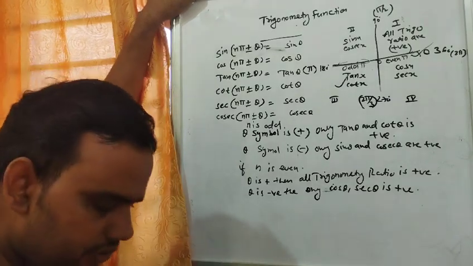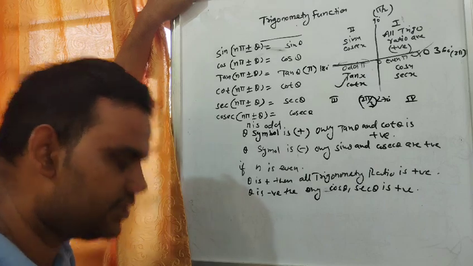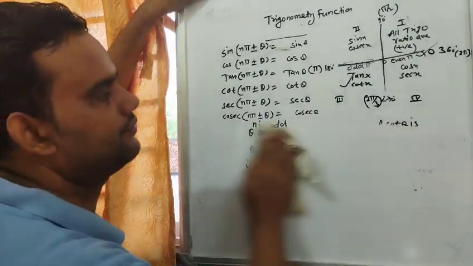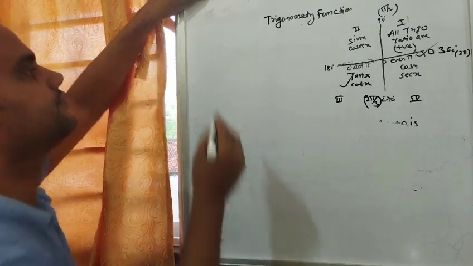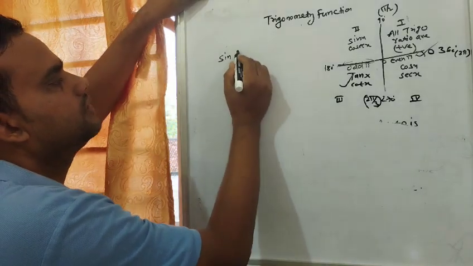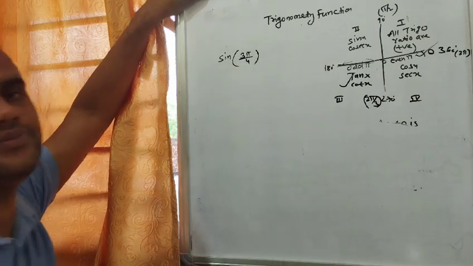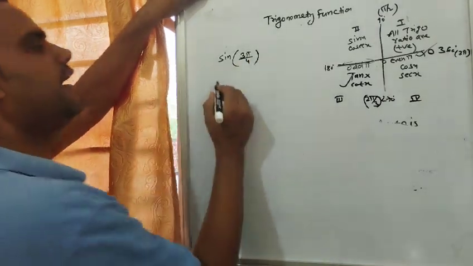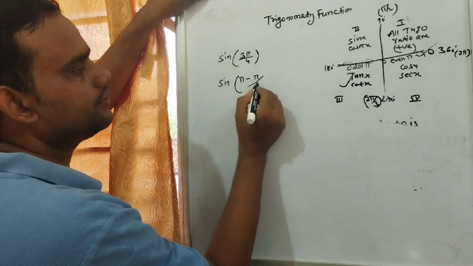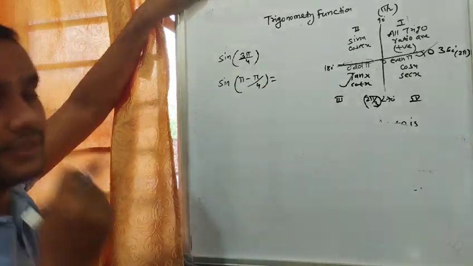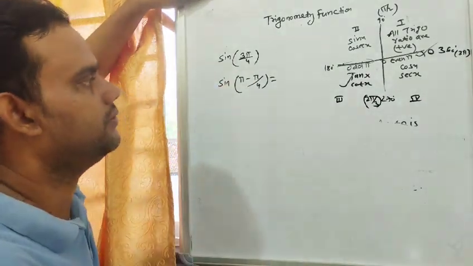Now we go for some examples, which will help us understand better. For example, if someone asks sin 3 pi by 4, how to do it? We can write sin of pi minus pi by 4, which is nothing but 3 pi by 4.